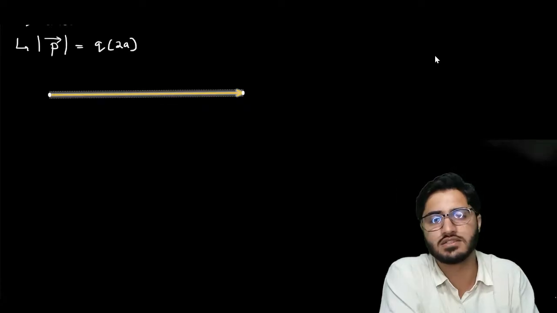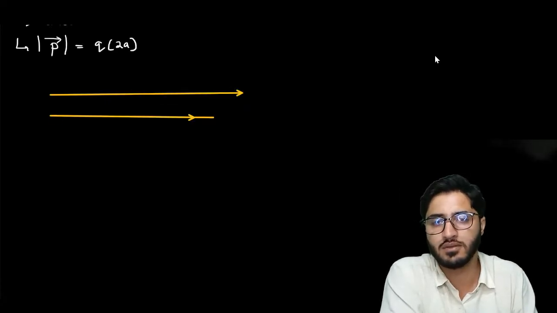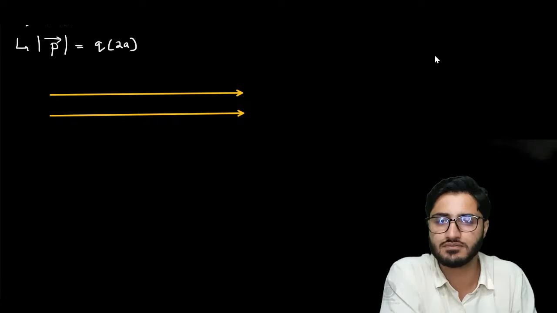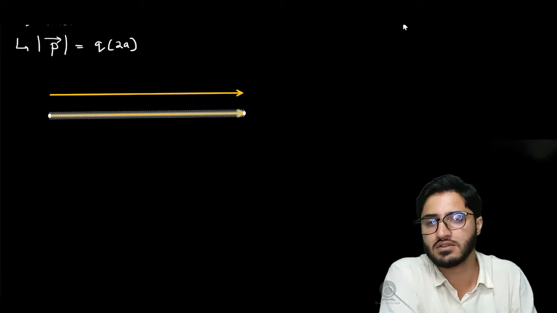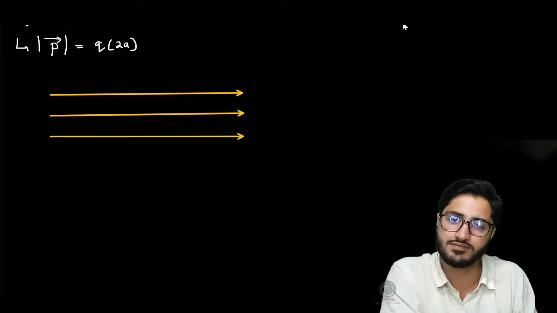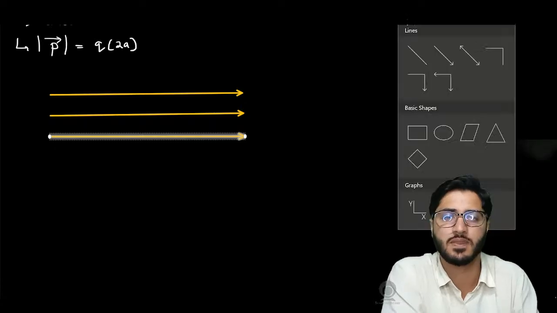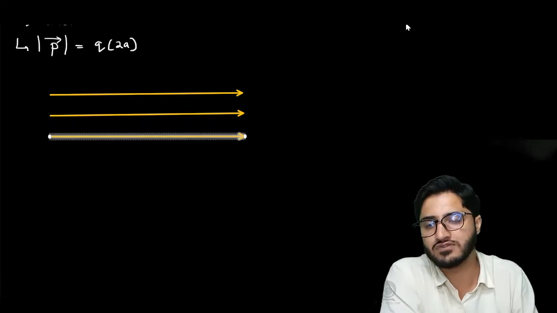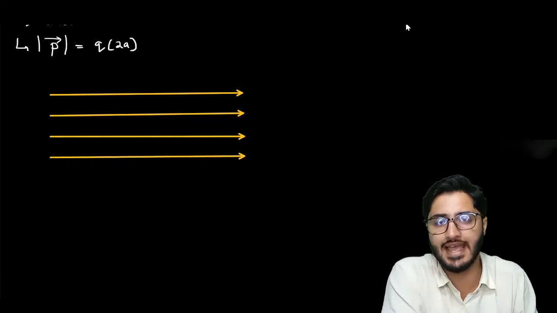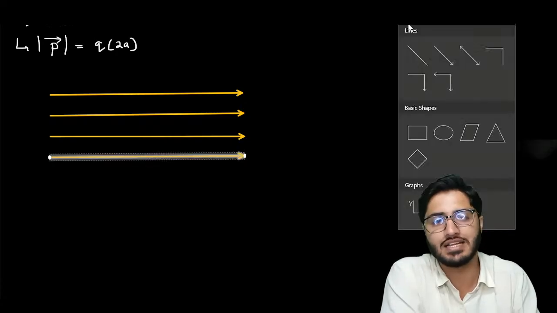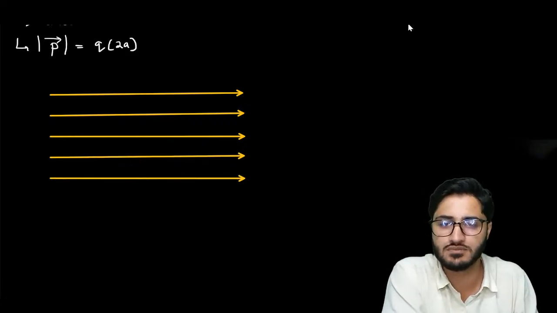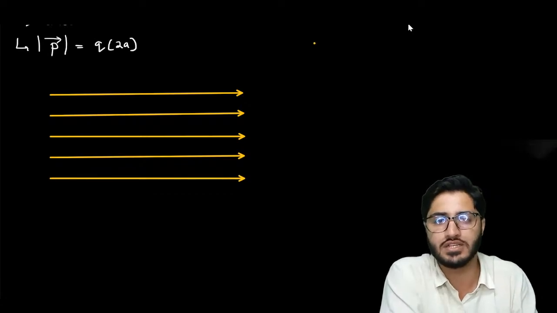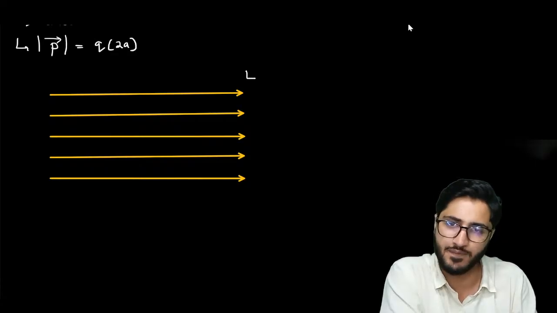If these lines represent the field, as we know that it is a uniform field. Why? Because the gap between the lines is the same and the direction of the lines is towards the same point, it is rightwards. So it is a uniform electric field, E.